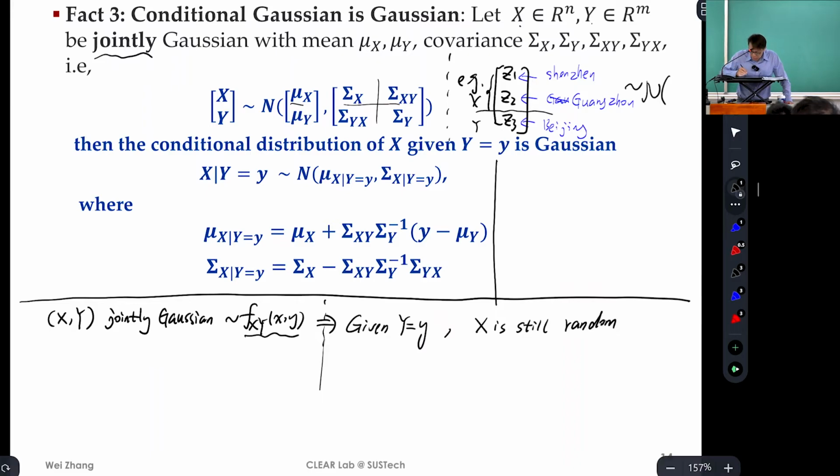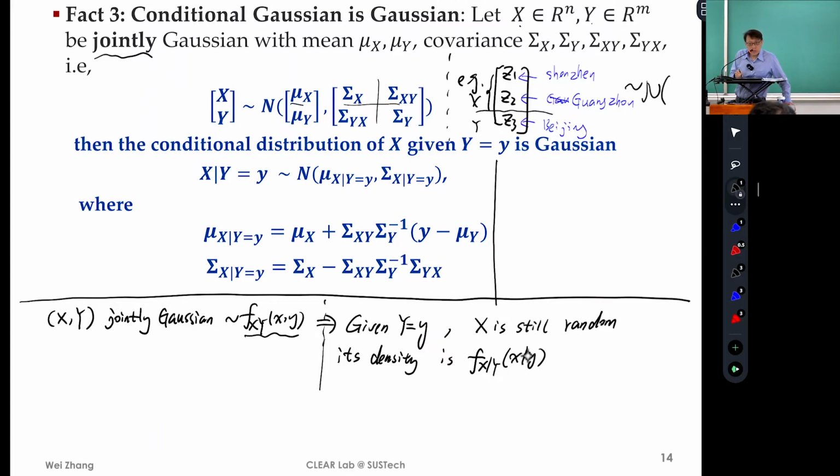Its distribution, its density will be what? X given y, capital X, small x given small y. So this capital Y equal to small y means Beijing equal to 0 degree. X is still random.